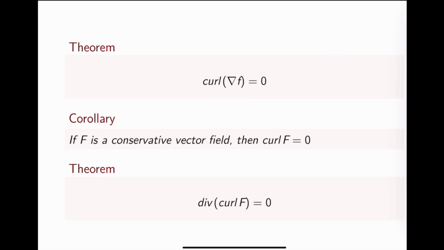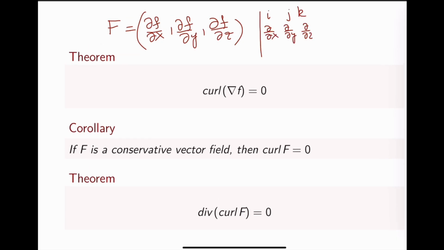So we can prove this by just writing down what the curl of the gradient is. So it means that it is the derivative of f with respect to x, derivative of f with respect to y, and derivative of f with respect to z, right? So that will be the gradient. And if we now do the curl of this, when we calculate the curl of the gradient, we are going to have this determinant. Observe what we will get in each of the components.